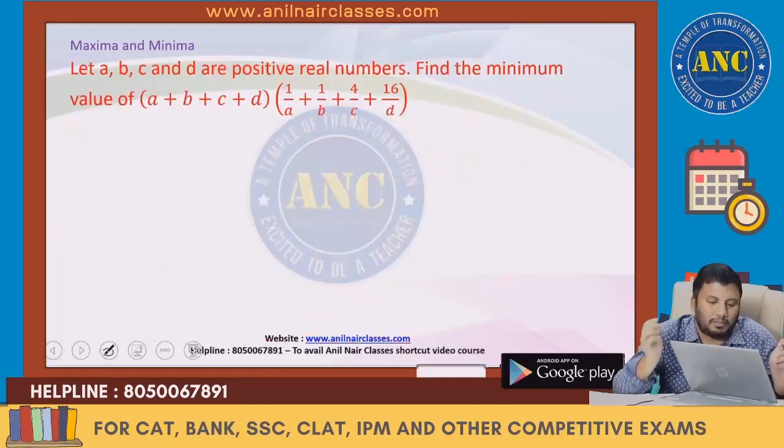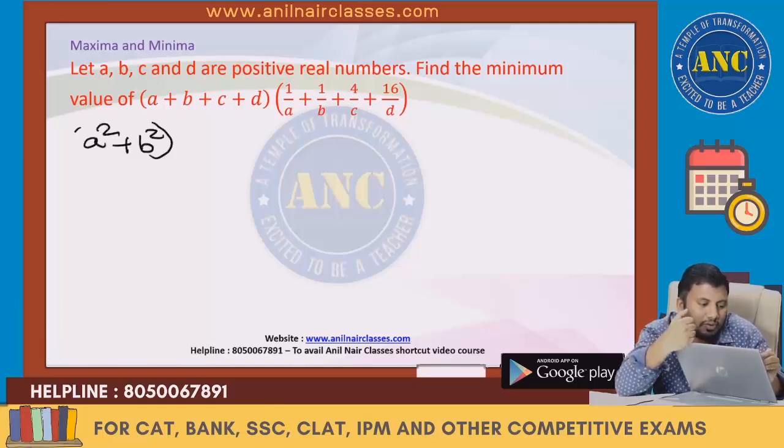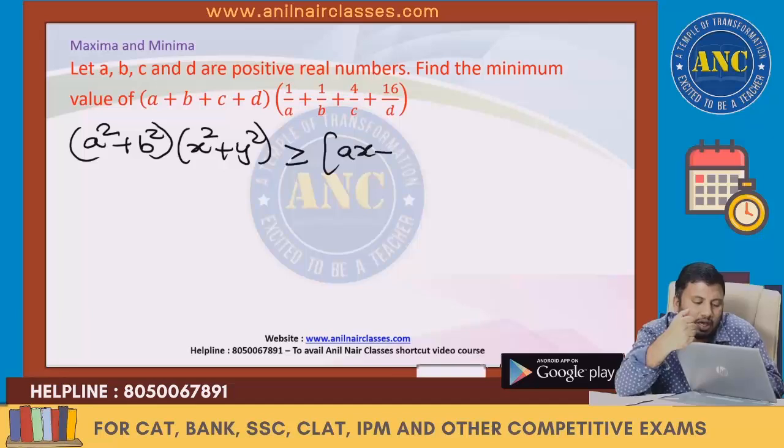This also can be solved by using that inequality. What is that inequality? (a square plus b square) into (x square plus y square) is greater than or equivalent to (ax plus by) whole square.